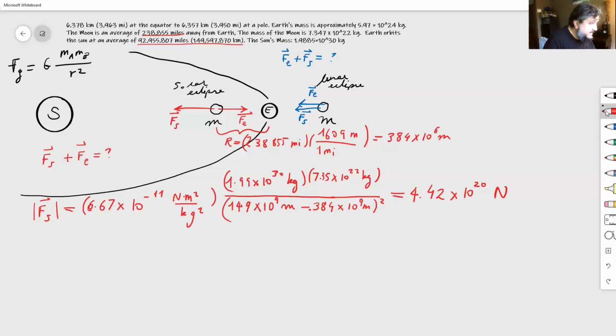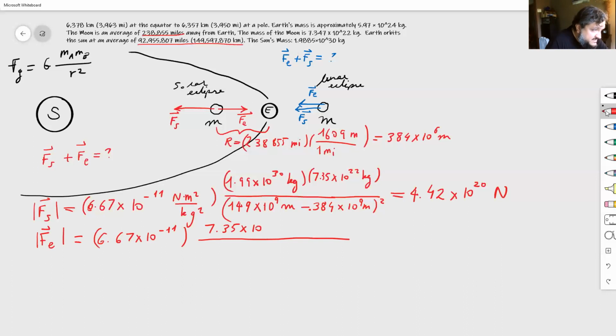Similarly, Fe: 6.67 times 10 to the -11. Okay, the moon's mass was 7.35 times 10 to the 22nd. We need Earth's mass now. That is right there, 5.97 times 10 to the 24th. Okay, 100 times heavier.